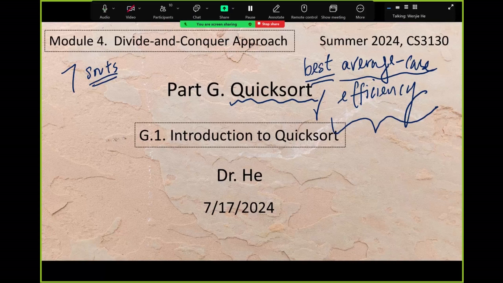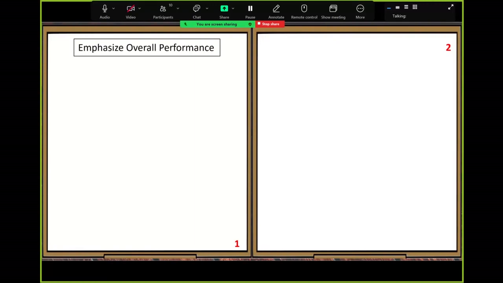Here we emphasize overall performance, but before we do experiments, we don't know. So at the beginning, people just developed many different sorts, then ran experiments on all of them to see which one performs the best, and picked the best one.